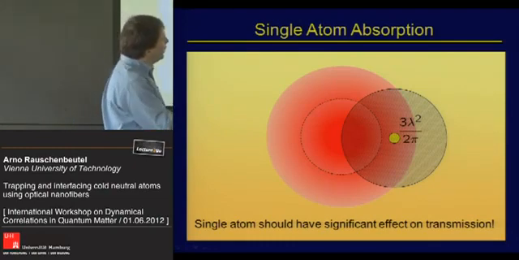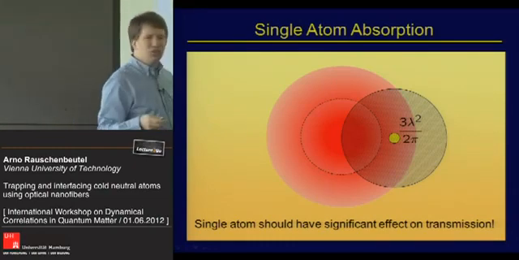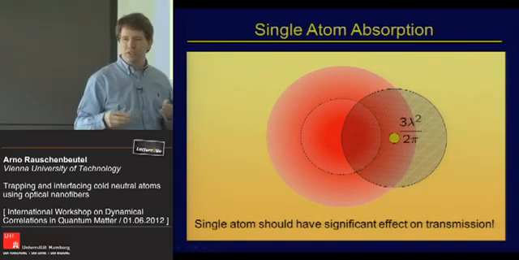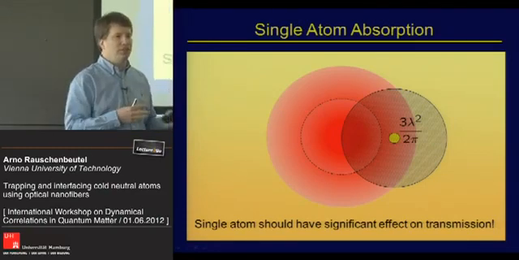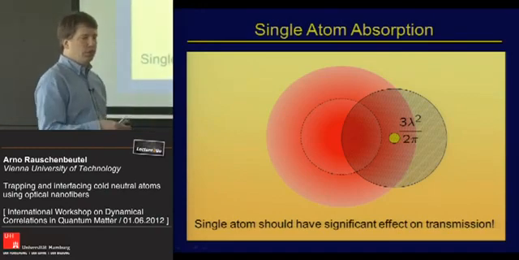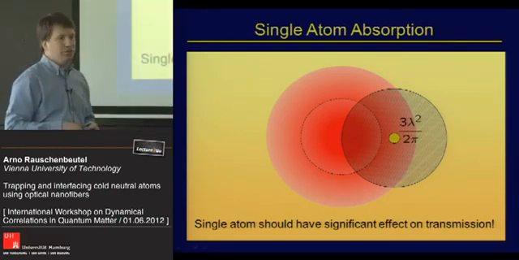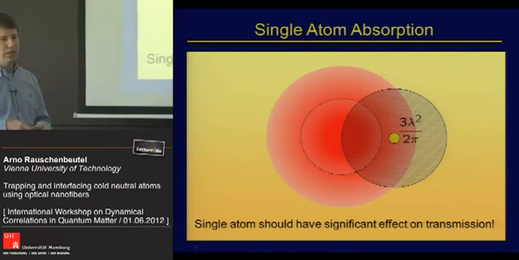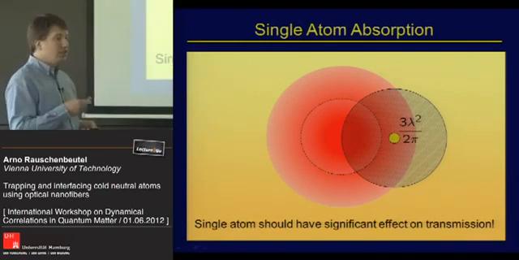So what you would like to have is, say, this atom at 100 or 200 nanometers from the surface, where it does not see van der Waals interaction anymore, and still is close enough to the fiber to absorb the light field guided through the fiber via the evanescent field. And what I will be showing you now is that this is actually possible.